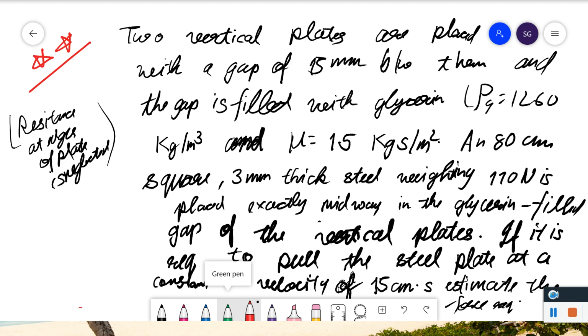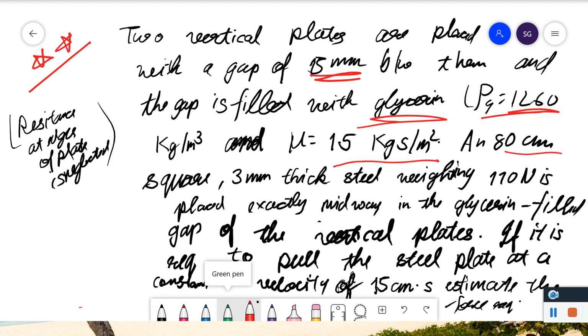It is saying that two vertical plates are kept with a gap of 15 mm, and the gap is filled with glycerin, whose rho is given as 1260 kg per meter cube, and dynamic viscosity is given in SI units, no issues.